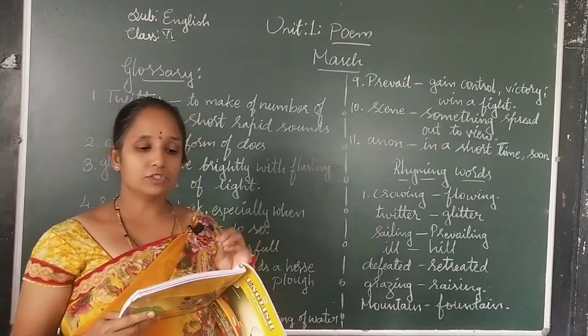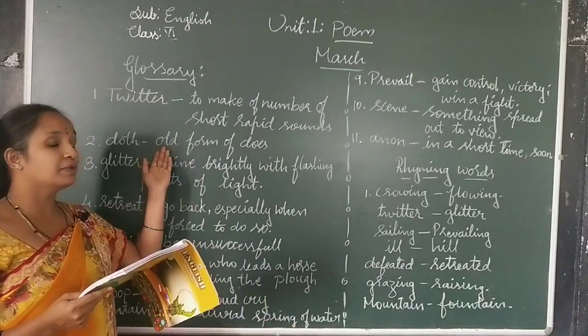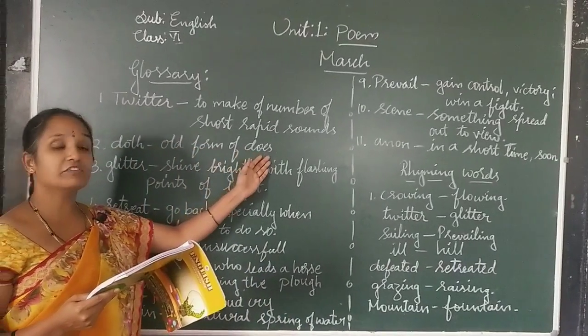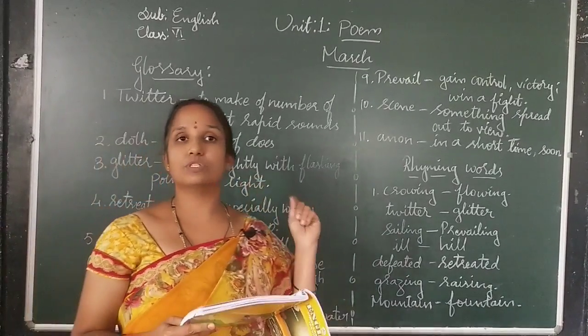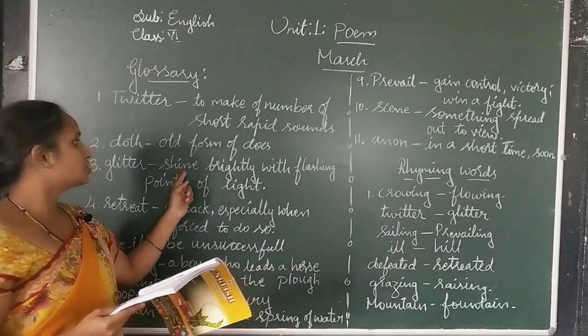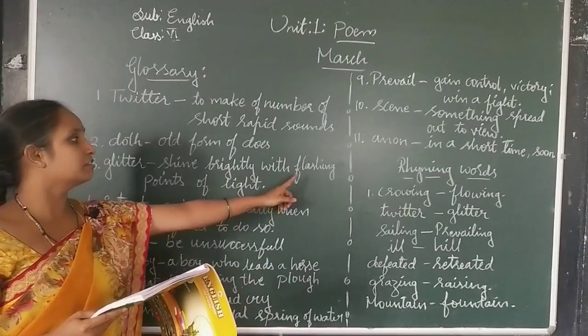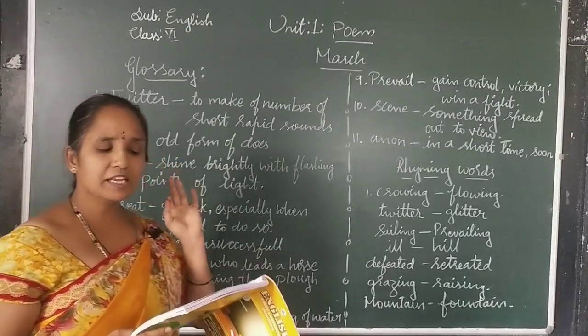The lake doth glitters. Doth is an old form of does. In the olden days, does was used as doth. Glitter means to shine brightly with flashing points of light.